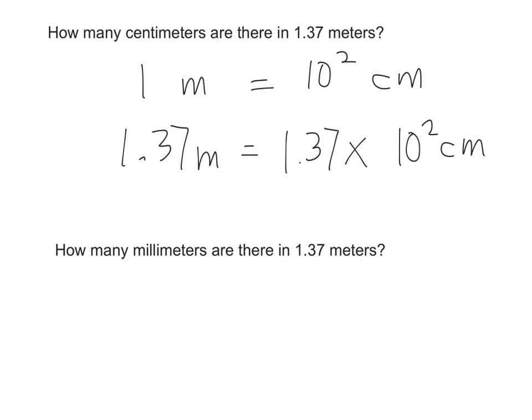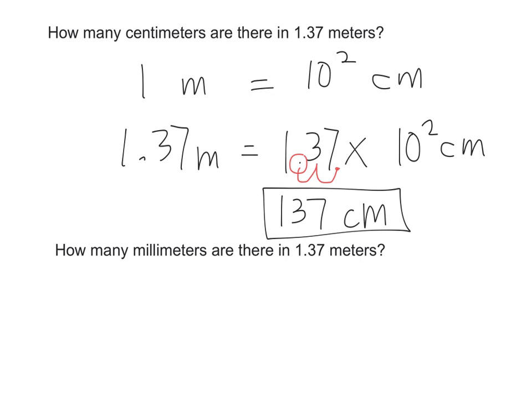How does that mean we need to move the decimal point? What do we need to do to the decimal point? Lauren? We need to move the decimal point 2 spots to the right. So what is that equal to? 137 centimeters. Good.